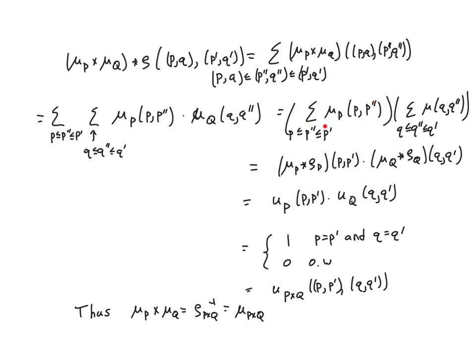You read this and you realize this is the definition of mu p convolved with zeta p applied to p prime, and this is the definition of mu q convolved with zeta q applied to q prime. We already know that this is the multiplicative inverse of this in the incidence algebra of p, so I get the multiplicative unit here for the poset p.